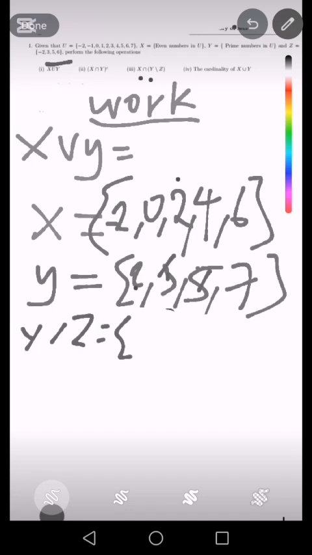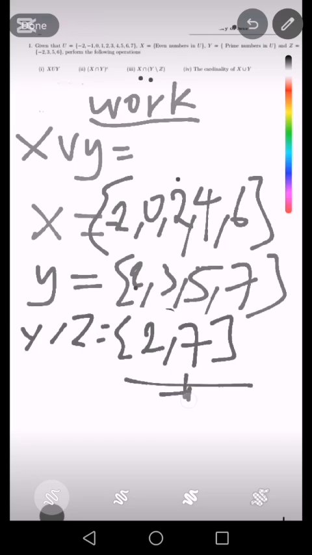The elements remaining are only 2 and 7. That is the answer for y over z.